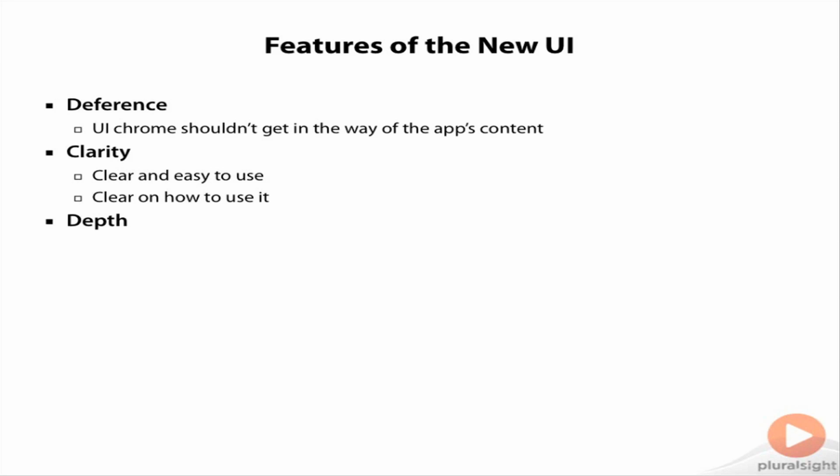And also depth. So in making the OS cleaner by taking away a lot of the Chrome, they still wanted to make the OS have a feel of being a live device. So depth is provided through transparencies, through dynamic 3D effects, through motion, through blurring.